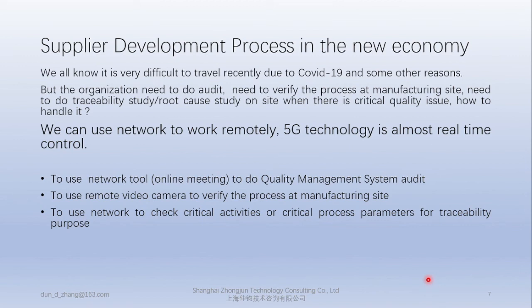They can also link that system to the customer side, meaning the organization. People from the organization can sit in the office and track the heat treatment process parameters at their supplier. So they can track at a critical time, and if something happens, those data can also be used for traceability analysis.